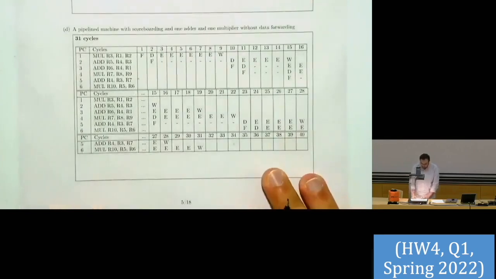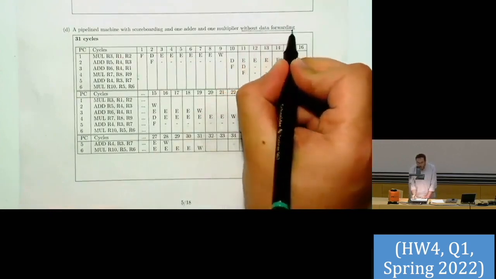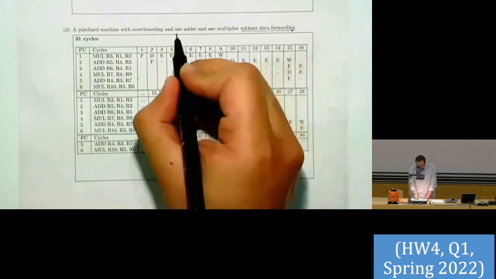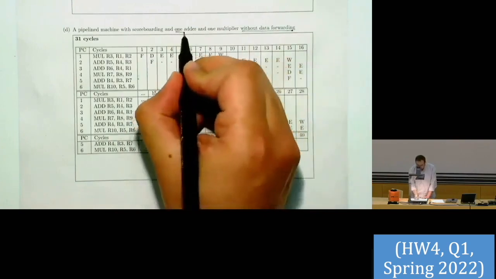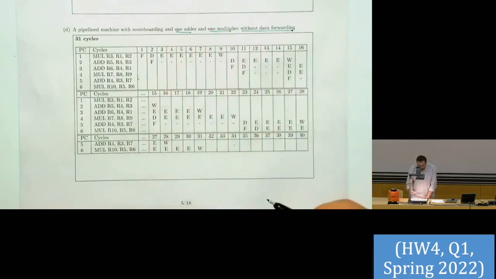In the next part, now we have a little bit more change. This is like the first case. We do not have data forwarding, but this time we have 1 adder and 1 multiplier instead of 5 of them. Here another assumption comes.